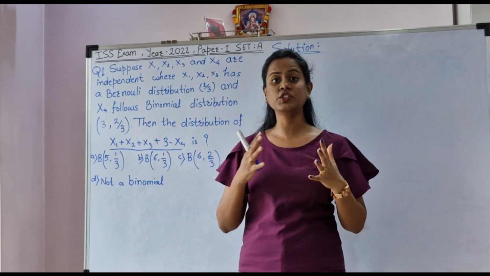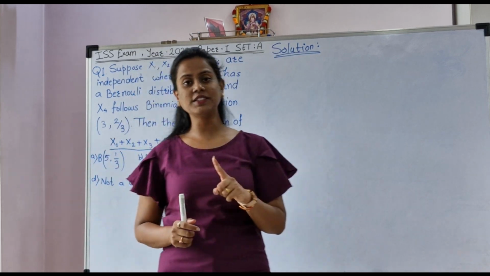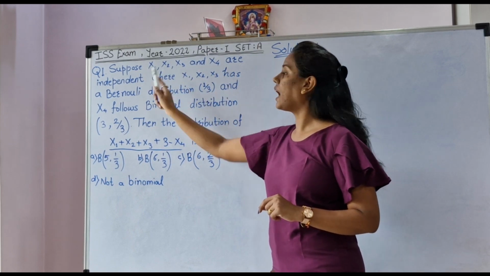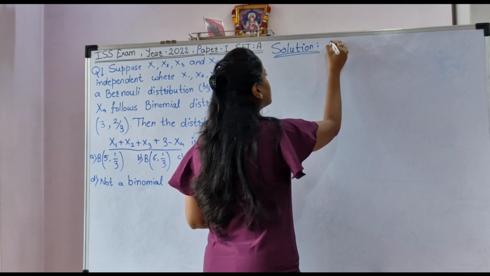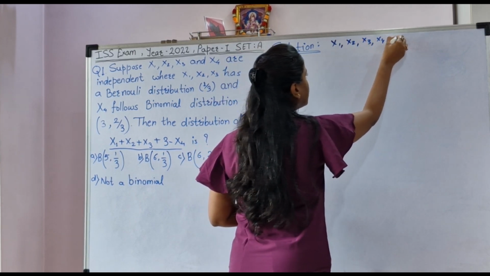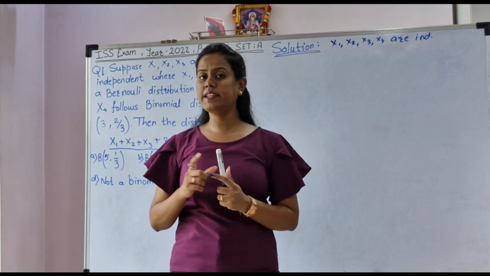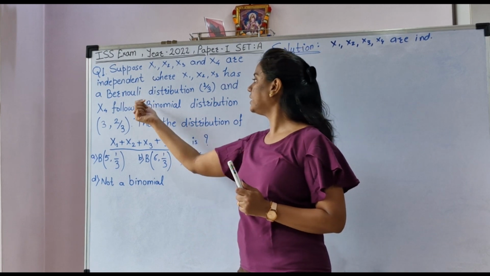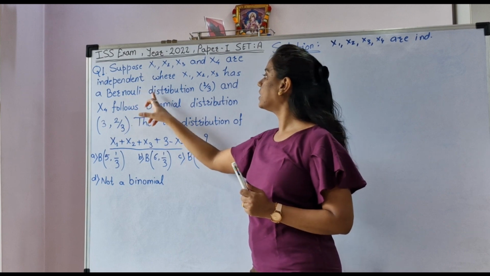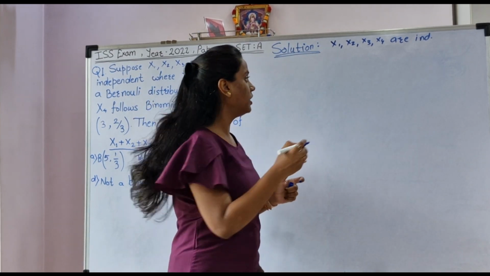First of all, let's note down what is given to us. In this example, the first thing given is that X1, X2, X3, X4 are independent. The next thing given is that X1, X2, X3 have a Bernoulli distribution with parameter 1/3.